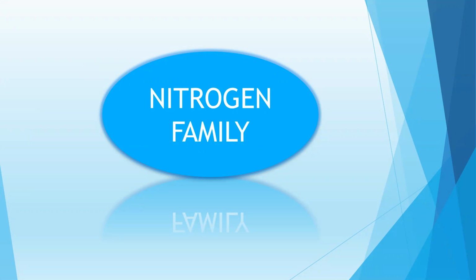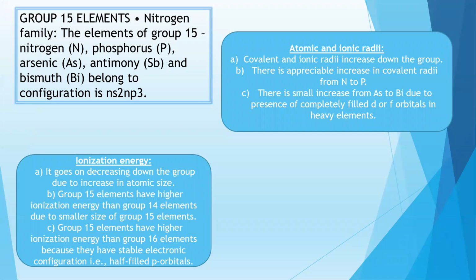So which elements are present in the nitrogen family? Group 15 elements are also termed the nitrogen family. The elements of group 15 include nitrogen, phosphorus, arsenic, antimony and bismuth, which have the configuration ns2np3.